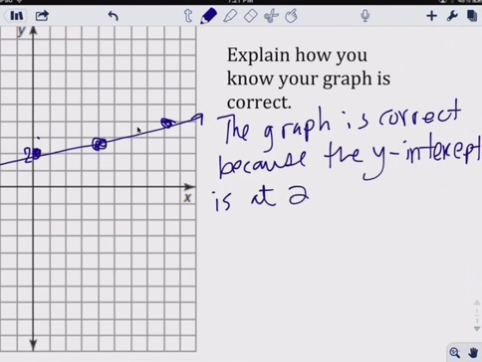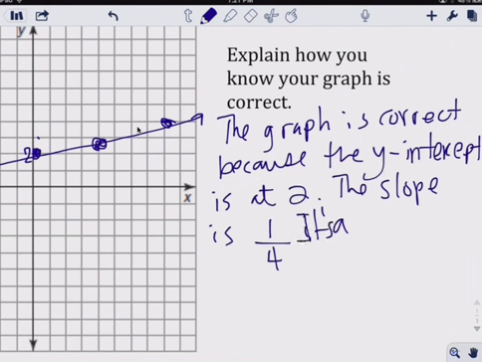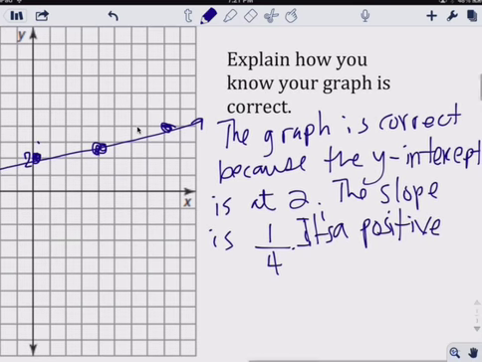The slope is 1 over 4. It's a positive slope.